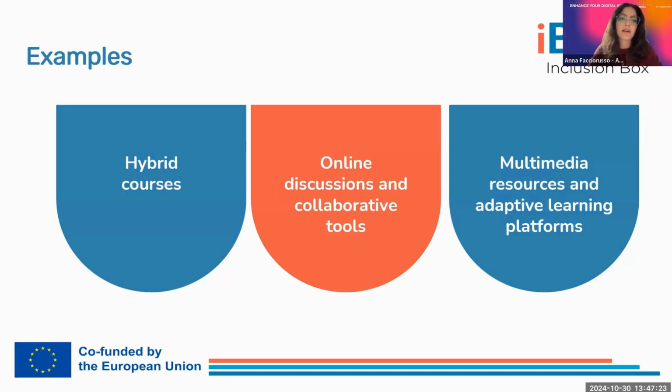Going very fast through them, the hybrid courses means blending in-person and online instruction, which allows flexibility for learners to engage with course materials remotely, while still benefiting from the face-to-face interaction. iBox training is providing one such example, along with the self-paced online training that you can find on the all digital platform.